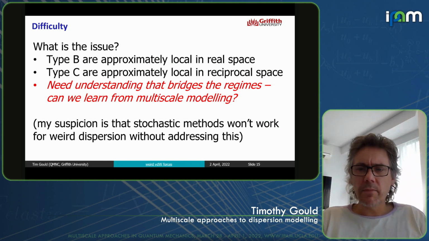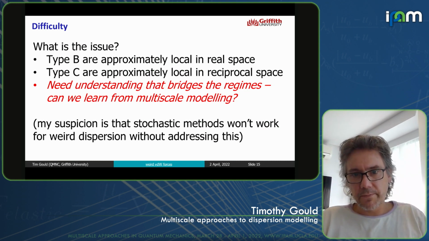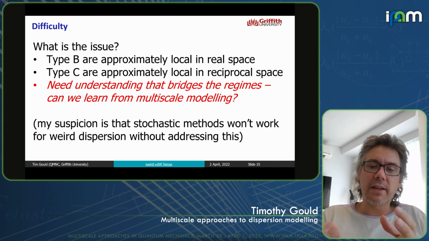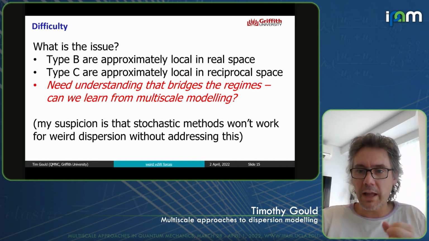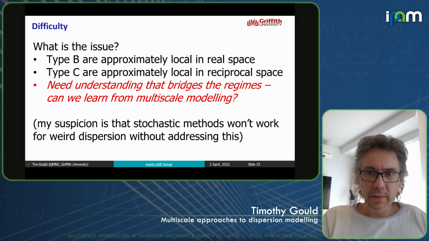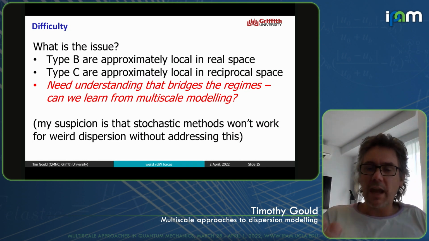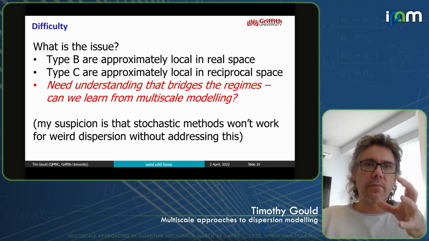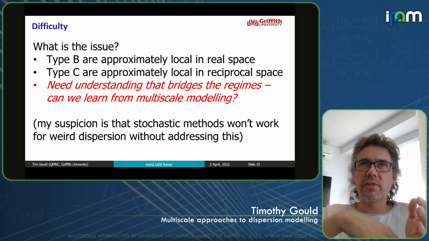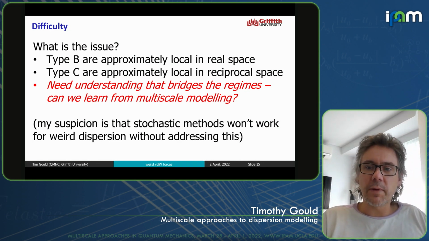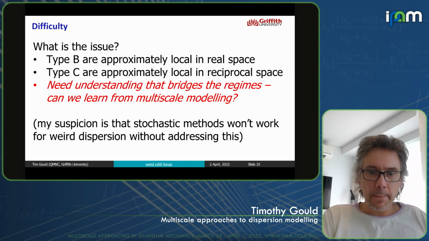When we have type C, we have a response function which is localized in reciprocal space. So the question is, how can we come up with a seamless connection between these two locality regimes? So we need a methodology and a way of understanding how to seamlessly transition from local in space to local in reciprocal space without losing the important physics that's there.